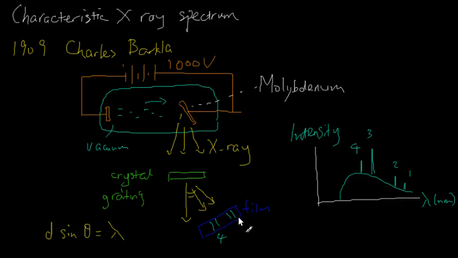Because the exact positions of the lines are different for different metals, it is described as characteristic X-ray spectrum. Characteristic in the sense that a particular spectrum would correspond to a particular metal, would be characteristic of that particular metal.